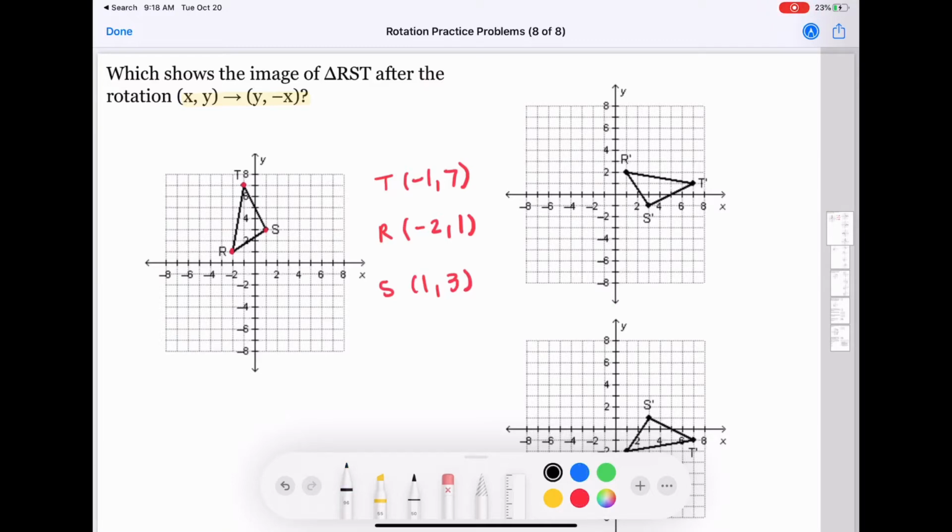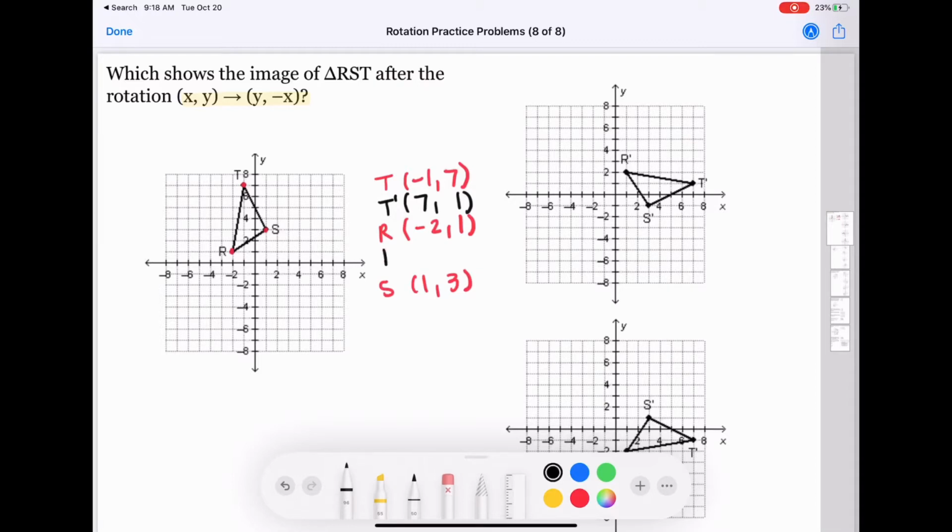So for T, we will switch the x and y coordinates, and then we would negate the x, so we would get a positive 1.